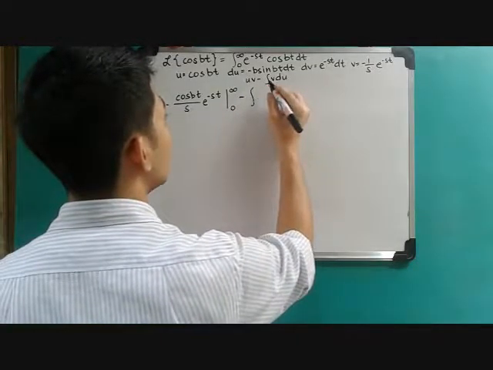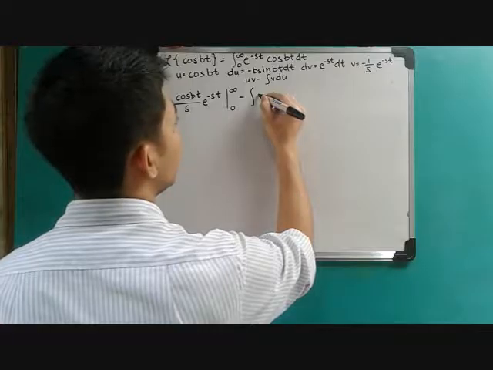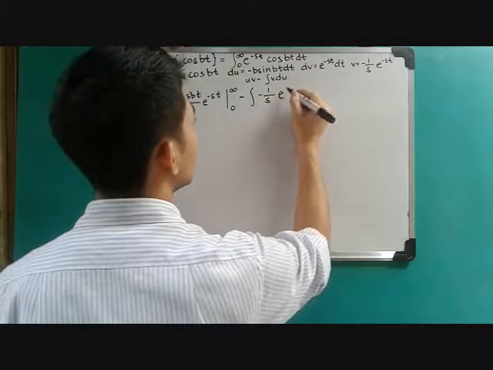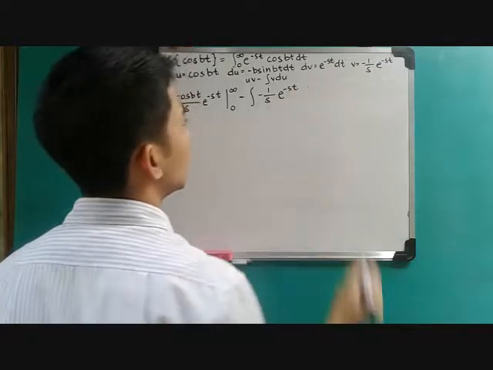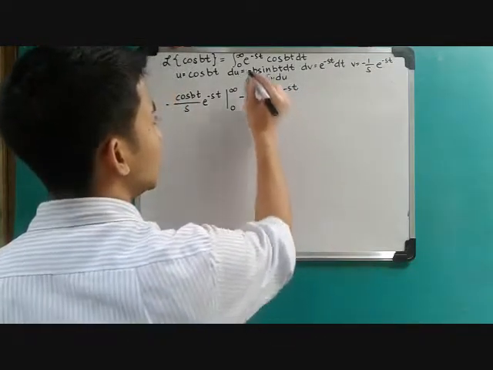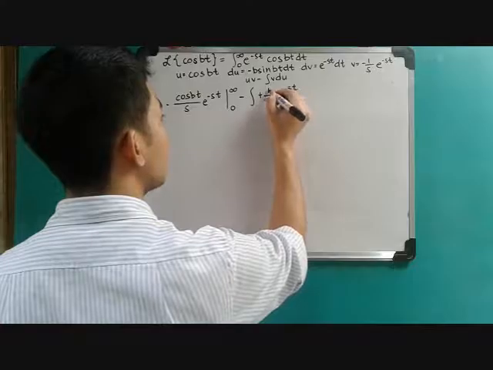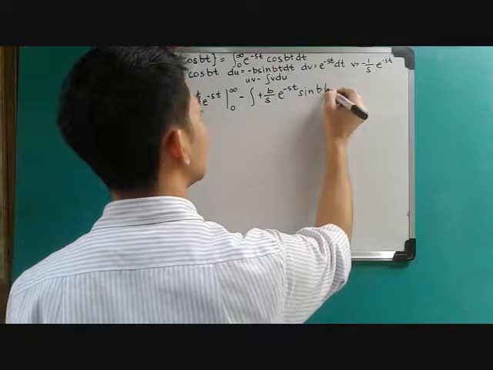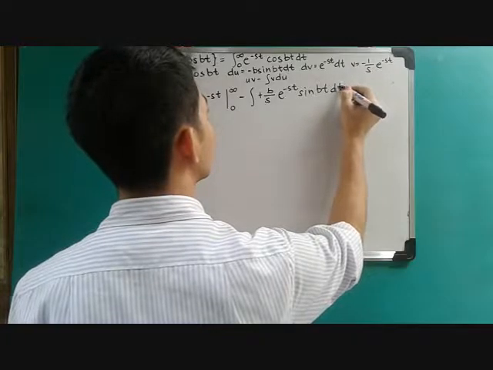Minus the integration of v, which is negative 1 over s e raised to negative st, times negative b sine bt dt.